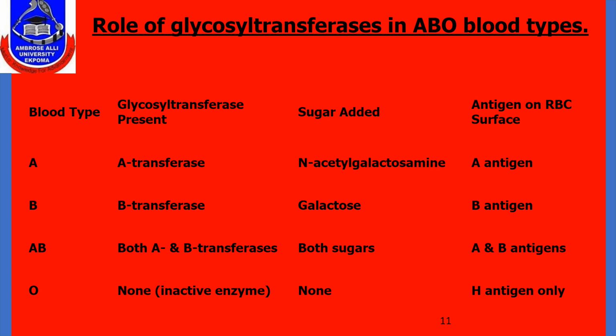Under the situation, the N-acetyl galactosamine is the sugar added. For blood group B, we need the beta transferase, and the sugar added is galactose.